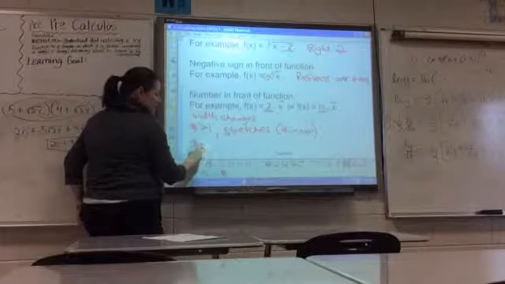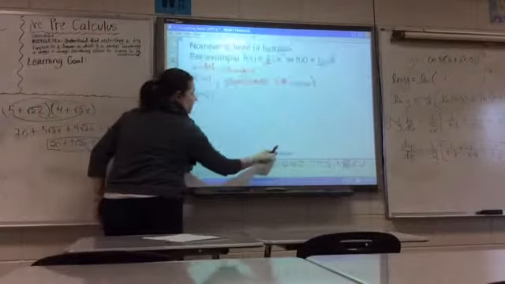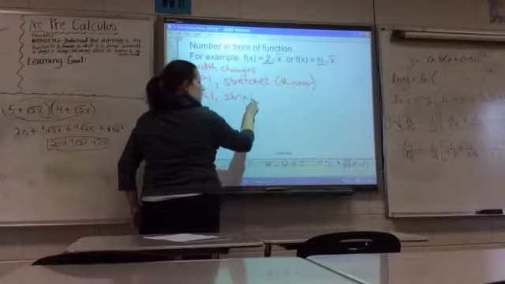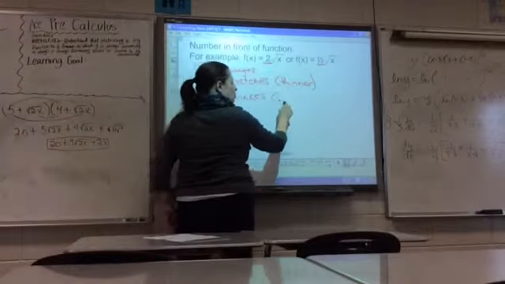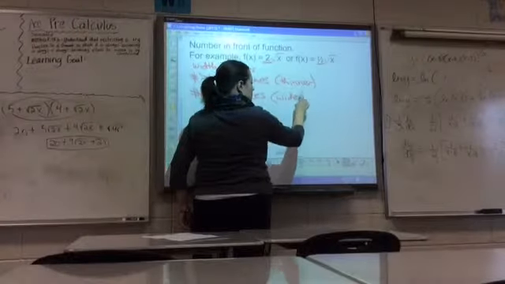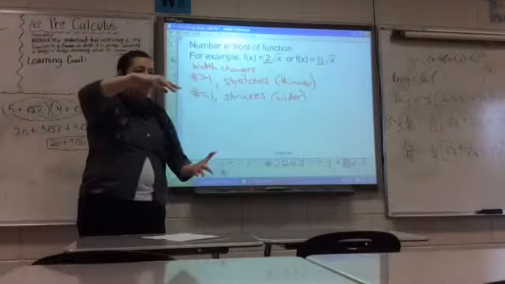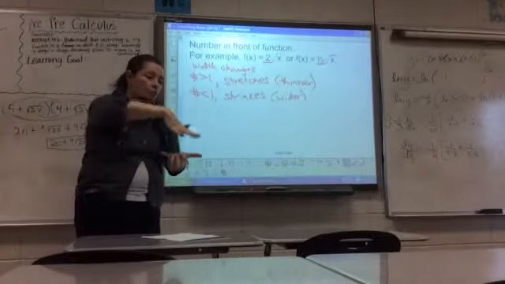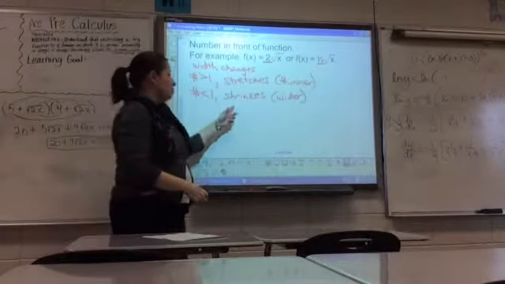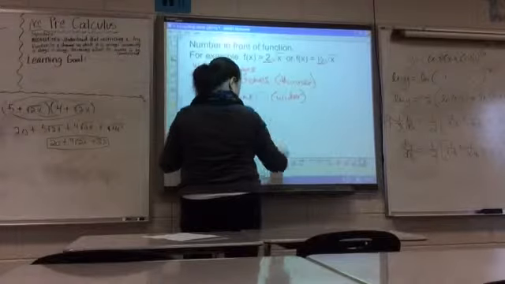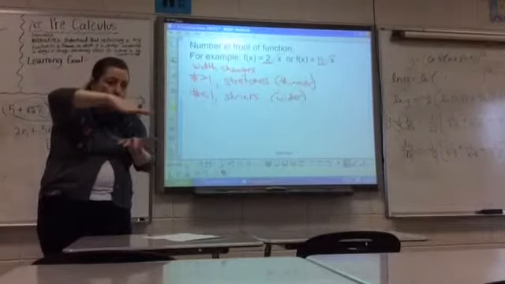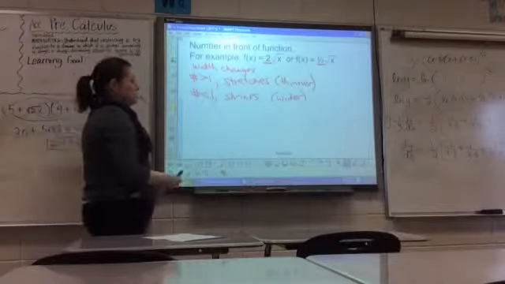If the number is less than 1, it shrinks, which really means the picture looks wider, kind of like a balloon. If you press down on it, it bulges out, it gets wider. They call it shrink. I spelled it wrong. There, let me fix that. They call it shrinking because it's going down closer to the x-axis.